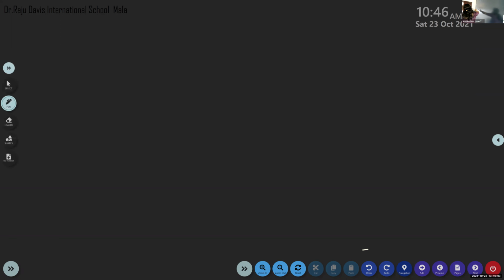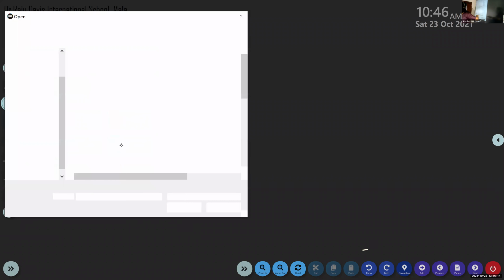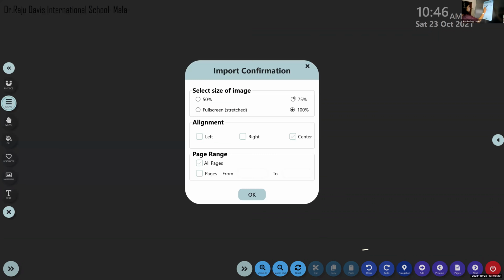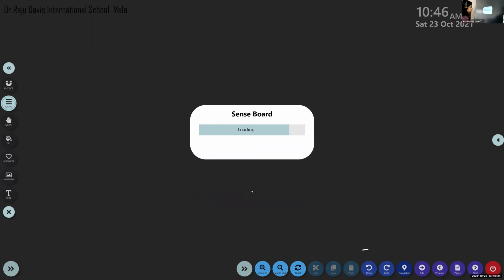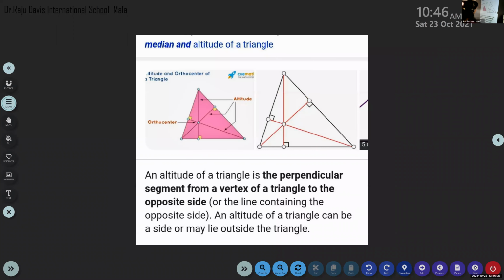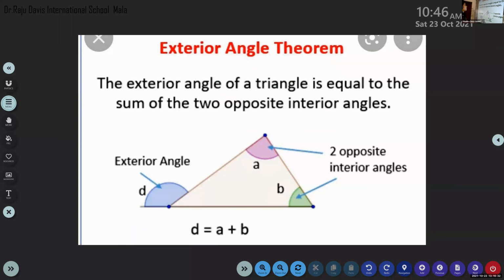What does the theorem say in this figure? Yeah, in this figure is the exterior angle theorem.